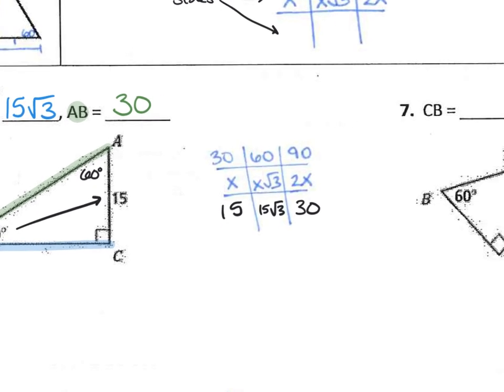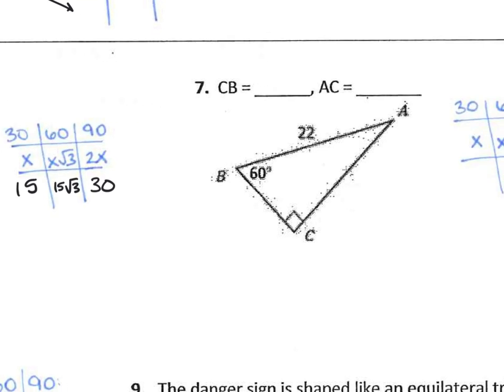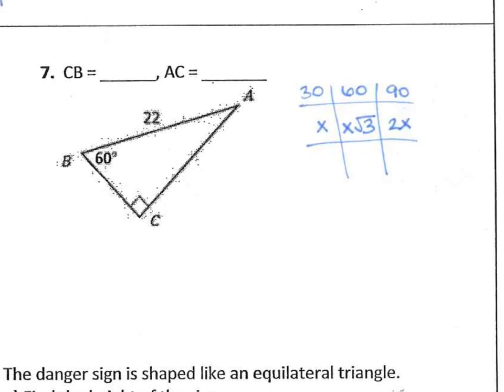Okay, let's look at 7. I've got your tic-tac-toe board set up. I see that this is 30, 60, 90, 90 degrees. 60 degrees, which forces this other one, so that they add up to 180 degrees, to be 30 degrees. What information did they give me? The 90. So underneath the 90, I'm going to put 22.